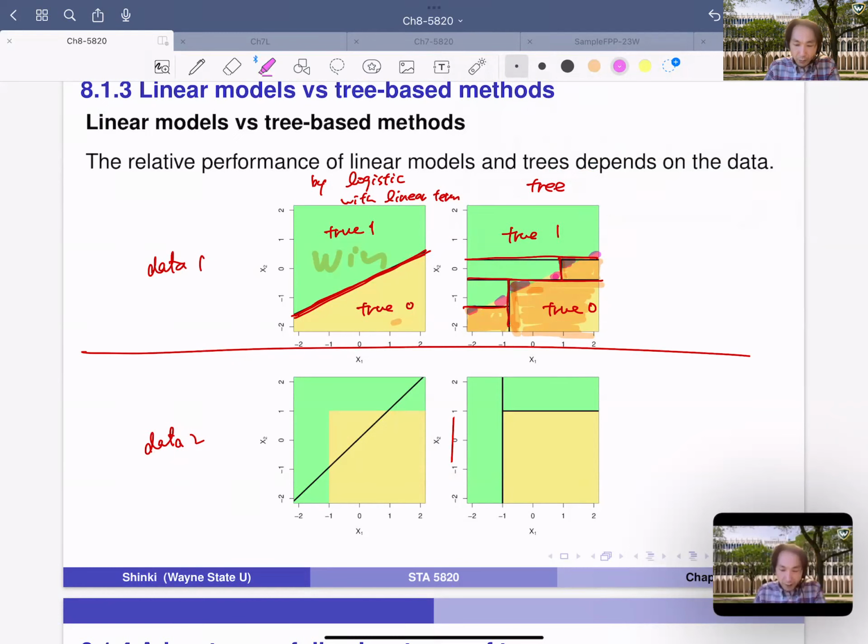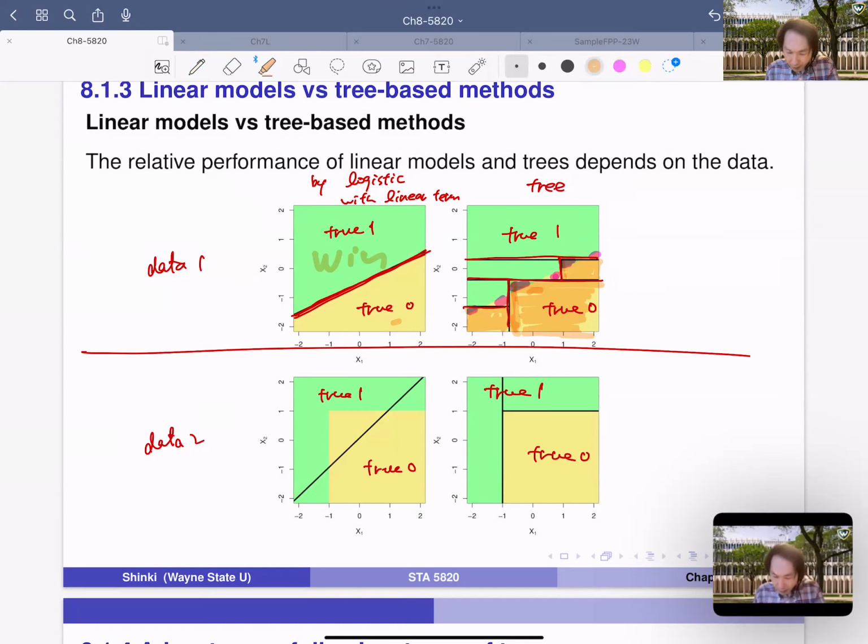But for data set 2, the true one has this shape. The region for the true 1 is this area, and the true 0 is here, and the true 1 and the true 0. And this area is correctly specified by tree-based methods. Right?